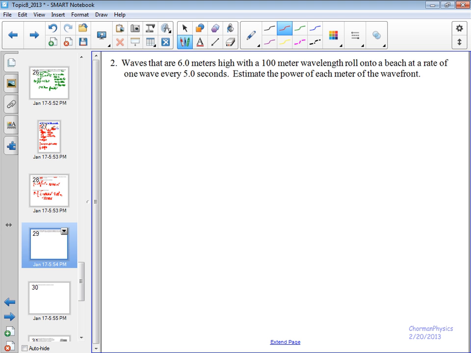Okay. So, waves that are 6 meters high, that's incredibly high, with a 100-meter wavelength, roll into a beach at a rate of one every 5 seconds. So, some ridiculous numbers here, but let's just do the calculation and estimate the power of each meter of the wavefront.